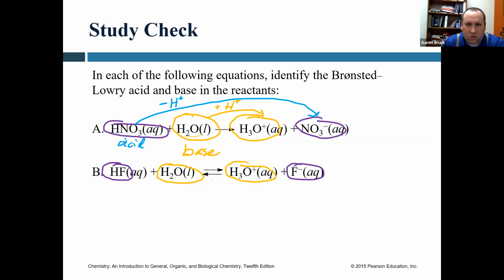So the H2O became H3O plus again. Same principle. I added an H plus to go from water to hydronium. That's a base characteristic. And for HF, HF went to F minus. It lost a hydrogen along the way. That is an acid characteristic. So HF is an acid.